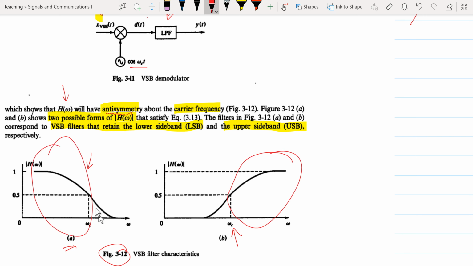So one form of your filter allows you to cut off the lower sideband, and the other term allows you to cut the upper sideband. And that is how we are saying that it is an anti-symmetry about the carrier frequency omega c.